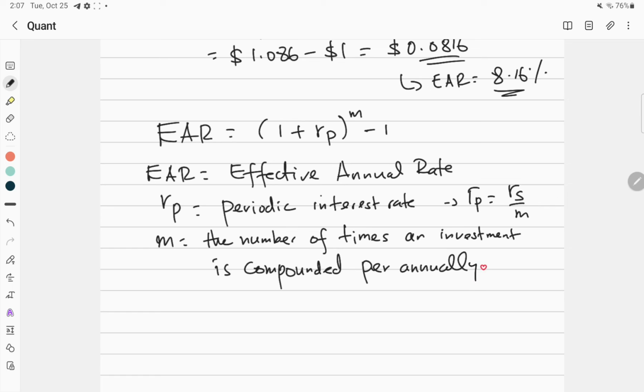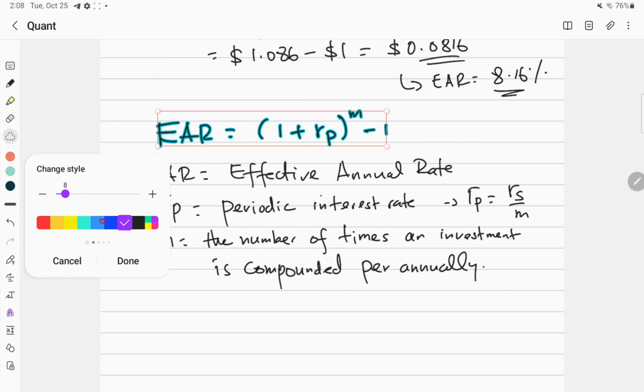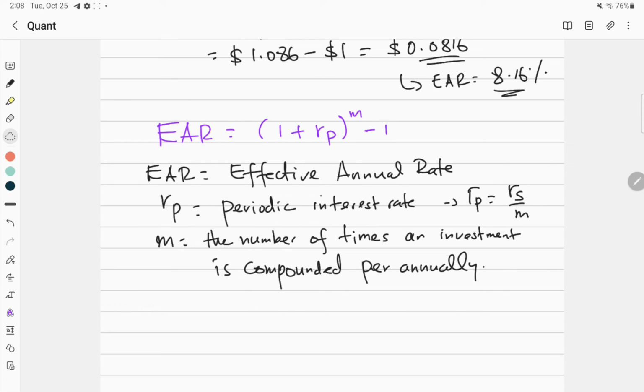This is a very important distinction, right? So the effective annual rate is given by this formula, where RP and M are the periodic interest rate and the number of times an investment is compounded annually, or per annum.